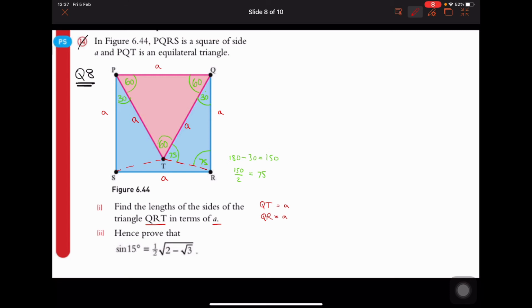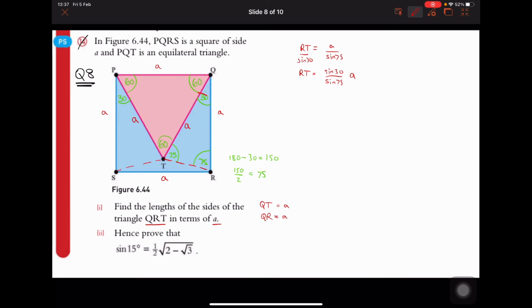So using the sine rule, RT over sine 30 equals A over sine 75. Okay, that's not really too helpful, because whilst we can work out what sine 30 is, sine 75, we're not able to work out the exact value.